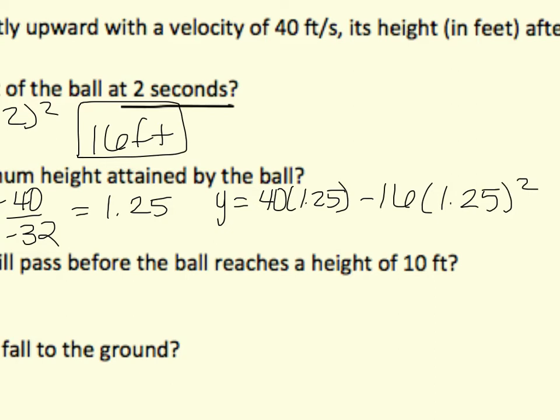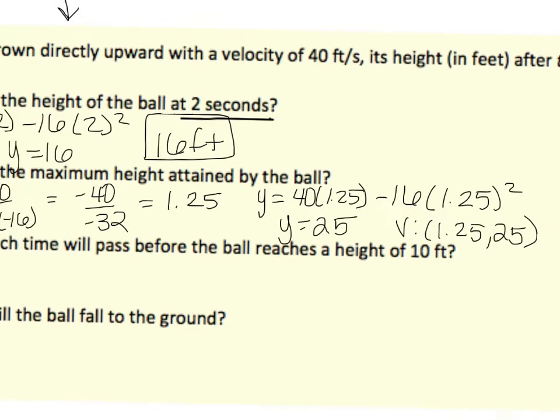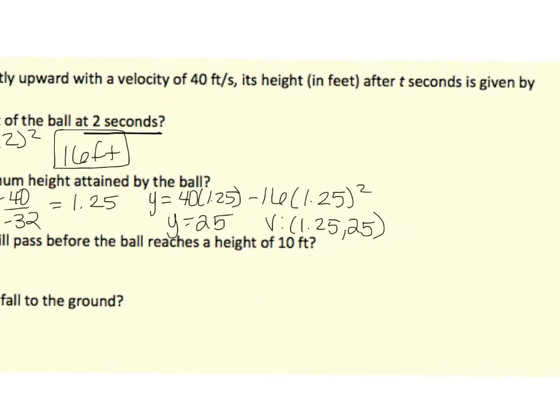And again, you can use your calculator. And you'll get 25. So the vertex is at 1.25 comma 25. And if it asks for the maximum height, maximum height is the height on the y-axis, so it's going to be 25 feet.